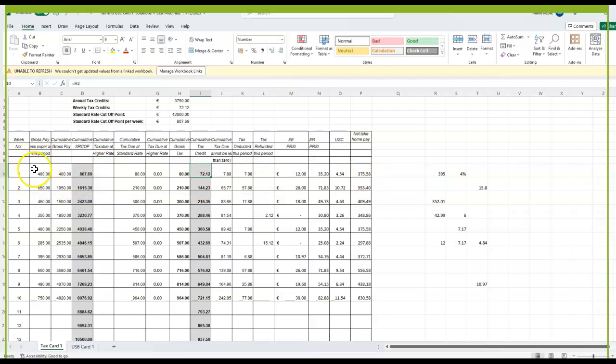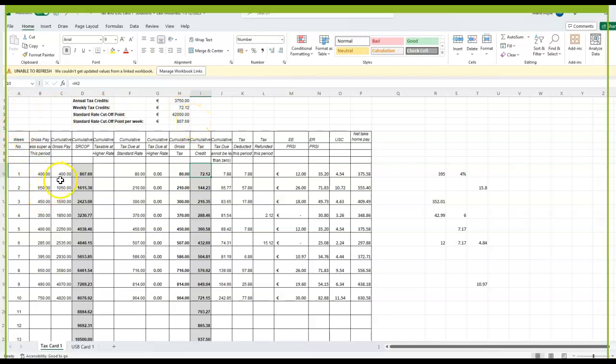So in this case here, the cumulative gross pay is €400. You're comparing it with a standard rate cutoff point that you have been assigned. So either revenue have assigned it through an RPN, or you have devised it yourself, and in reality nowadays, revenue will devise an RPN, a payroll notification number, and a payroll notification details, which is the basis of every tax card.